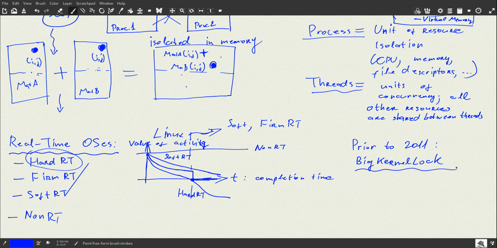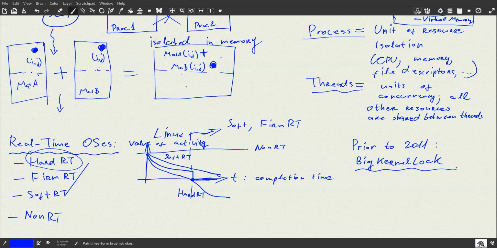But the big kernel lock is gone since 2011, and actually the occurrences of places in the Linux kernel where this big kernel lock was being used were already very few, even in 2011, but in the original Linux system, it was used quite permanently.